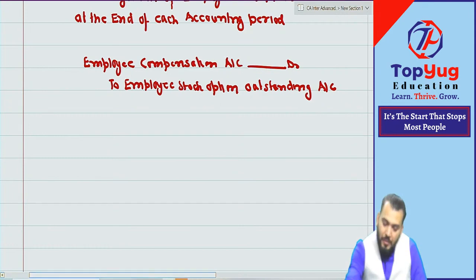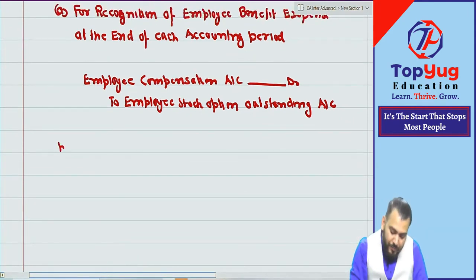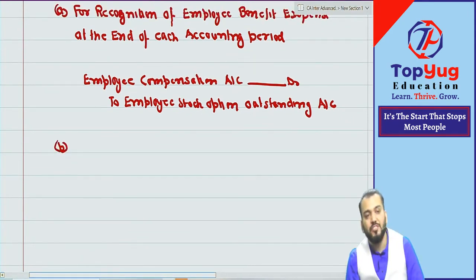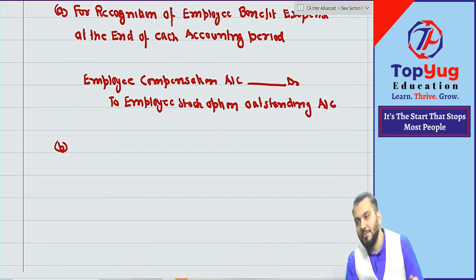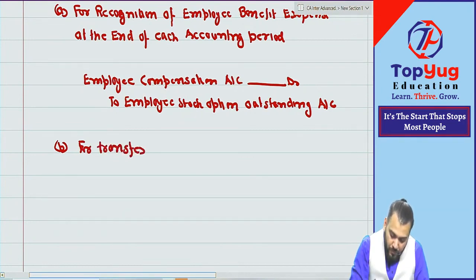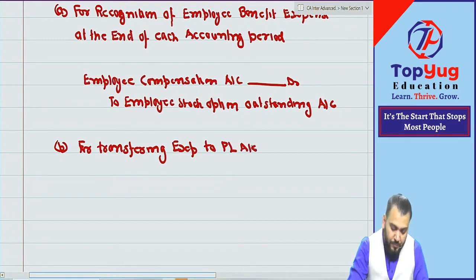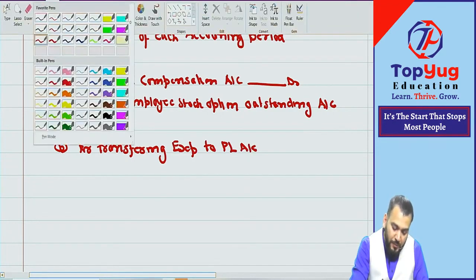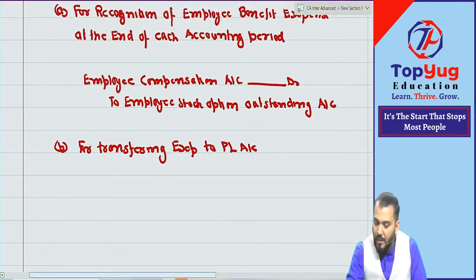Understood? Then of course at the end this employee compensation account will be closed by transfer to PL account. Write down: for transferring expense to PL account, what journal entry will you do?